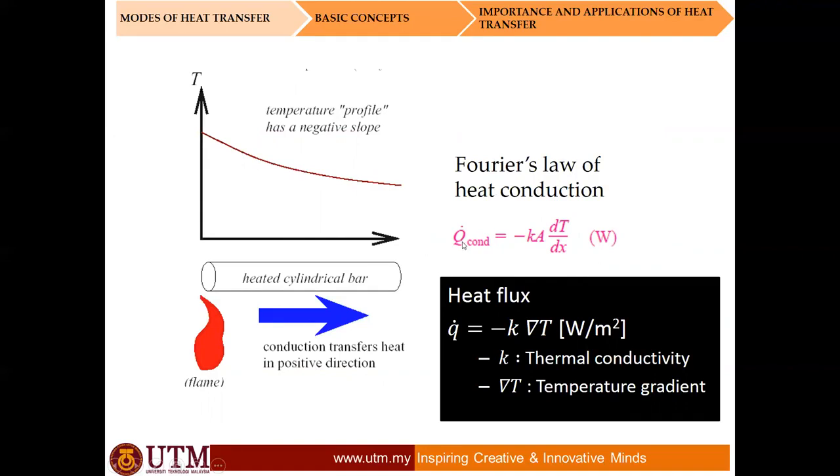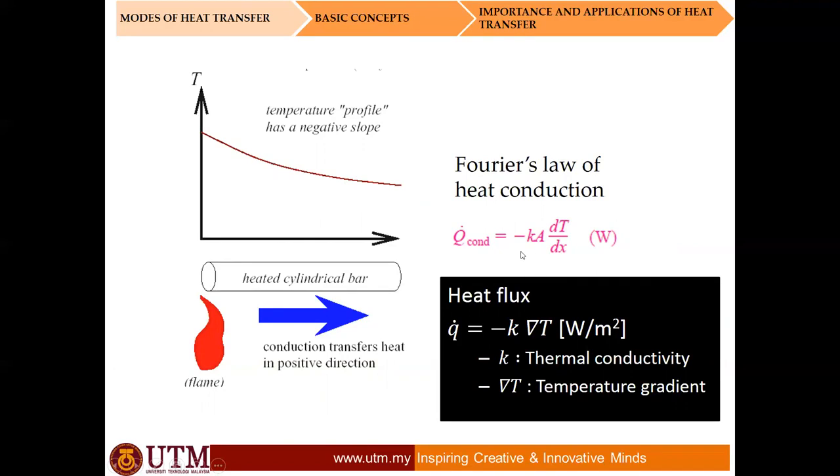So Q conduction is equal to minus the thermal conductivity of the material, which is k, times the effective cross-section area A, times the temperature gradient dT over dx. So dT over dx is basically the slope of this line. For heat conduction, you are going to be using this equation.